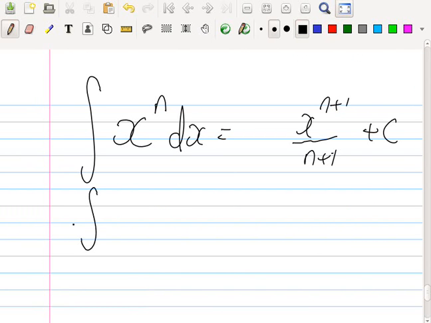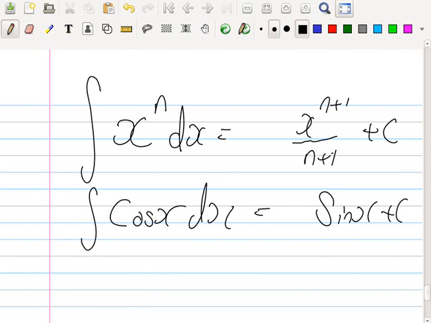What is the derivative of sine x? Cos x. So then the antiderivative of cos x will be sine x. Now what is the derivative of cos x? Minus sine x.